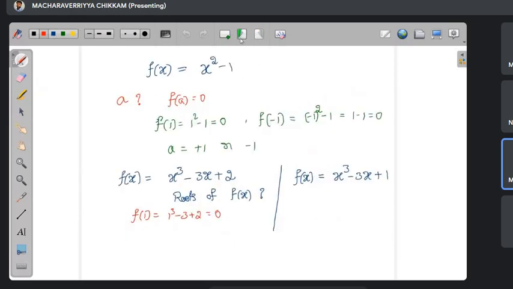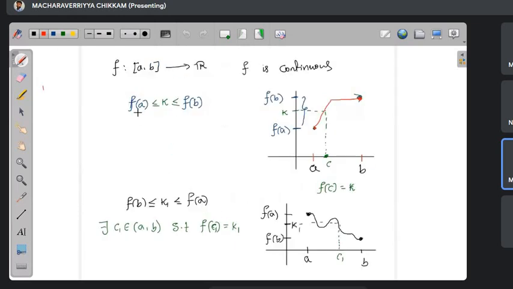Here you can do one thing. The intermediate value theorem says, if you have a continuous function on A to B, you take any intermediate value between f of A and f of B, you can always find a point in the domain which is mapped to it. All right. So now I'm going to change the question.